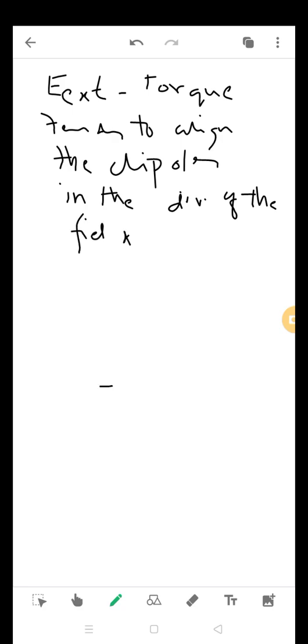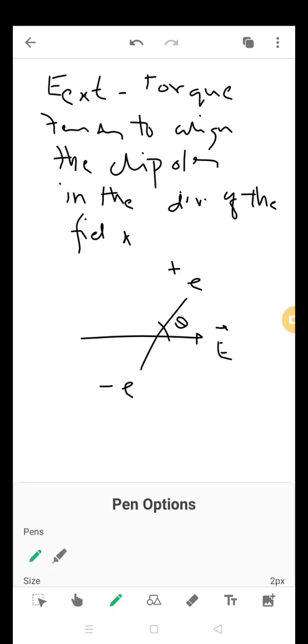So this is the field, this is the dipole, and this is how the field is applied. So it will cause a torque so that this one actually starts to get aligned like this. Okay, so this theta angle will change.